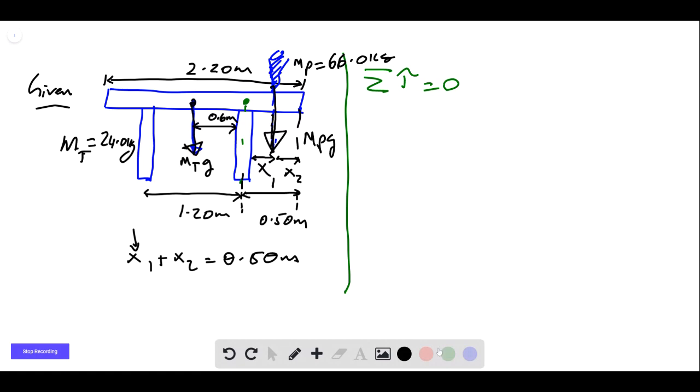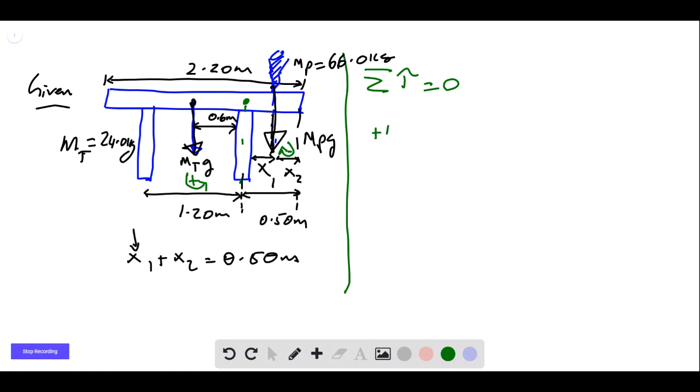And so if the sum of torques around the right support is 0, then the table will have a counterclockwise moment around the right support, and so that's going to be positive, and then the person will have a clockwise moment around the right support. That's going to be negative.